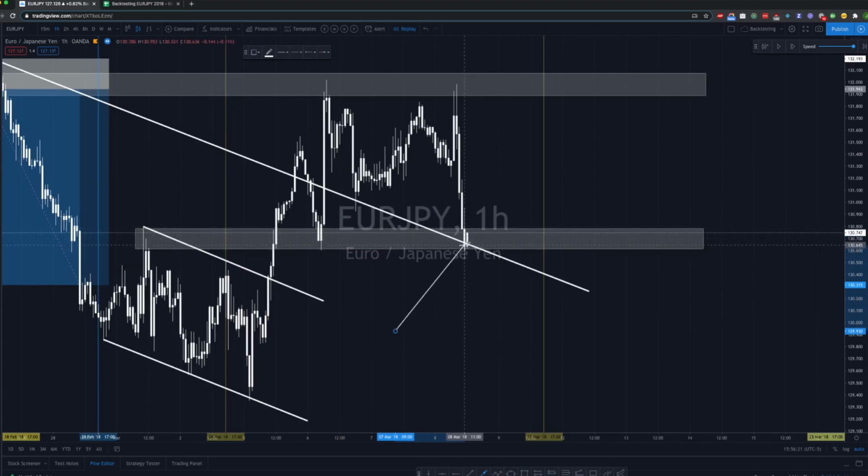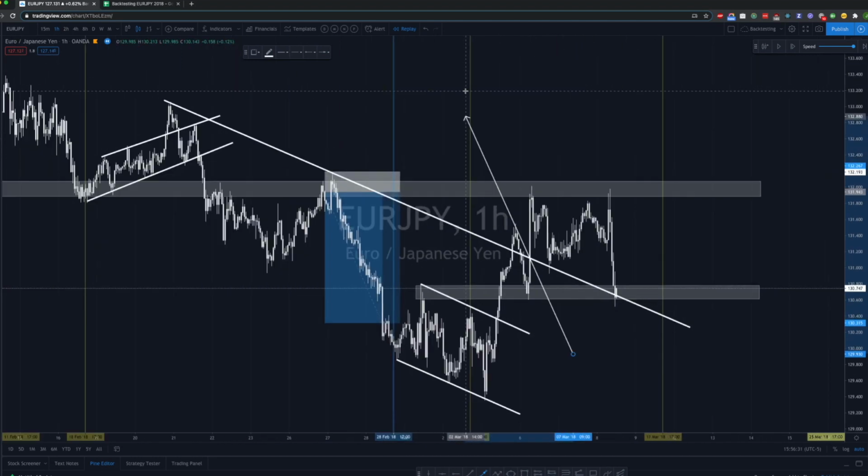So I'm going to take a position here and then target initial targets of these highs here, and then further targets of maybe around this area. I don't know, because of this resistance here, I might just take full targets at this position here. So yeah, that's the trade I'm gonna look for.